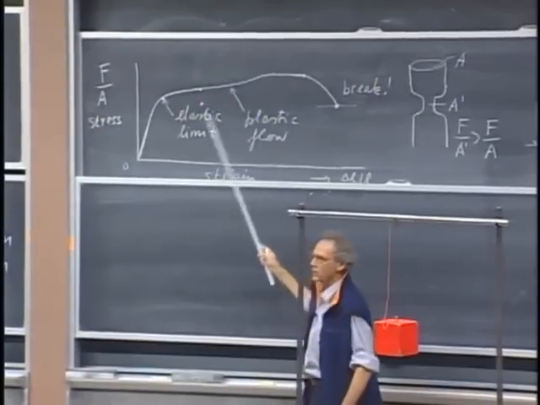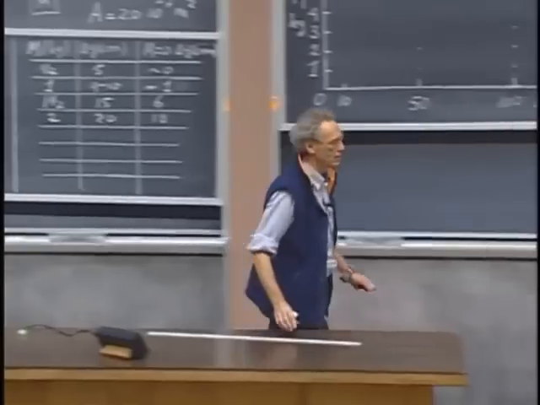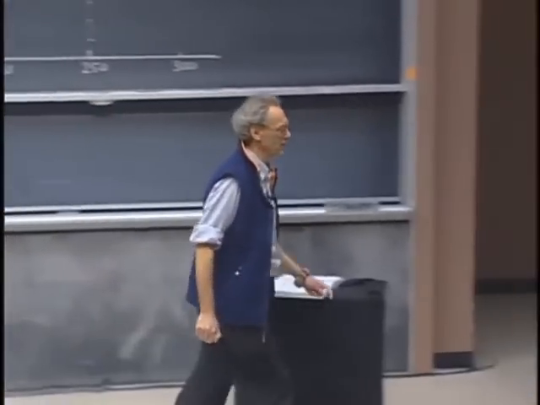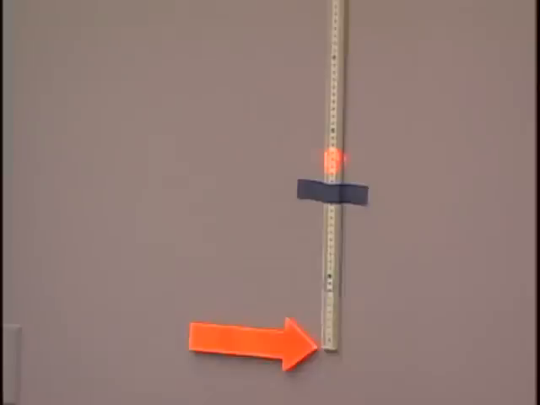With a little bit of extra weight, it will start to move substantially. We haven't reached that point yet, but we're close to it. We're now at 25, 26. Still looks quite linear.